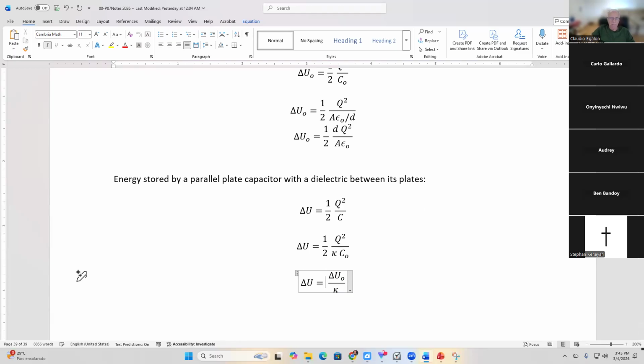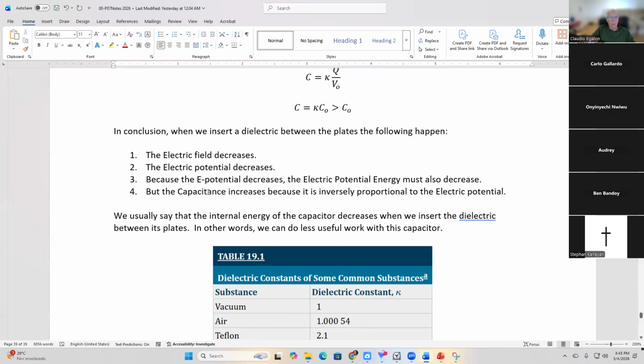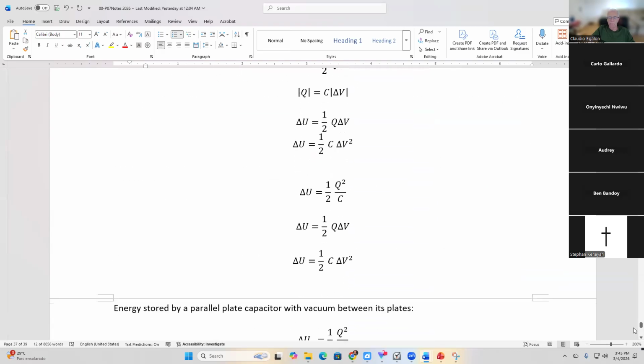You decrease the amount of electric potential energy. Did I write that down upstairs? Okay, yeah, I did write that down here. The electric potential must also decrease by a factor kappa.